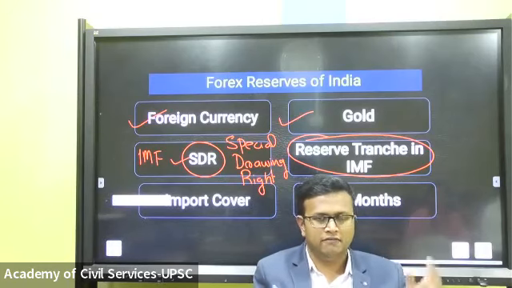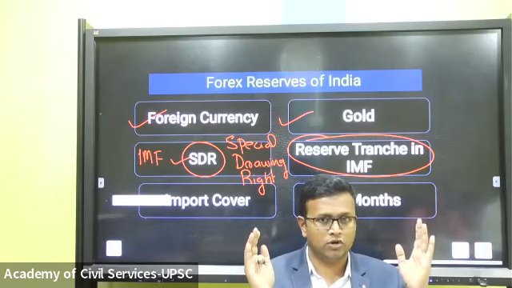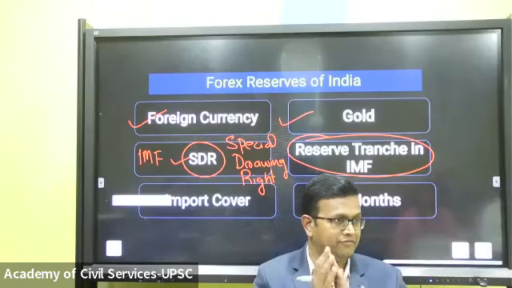Now imagine we have kept 100 crore US dollar as a reserve tranche in IMF.